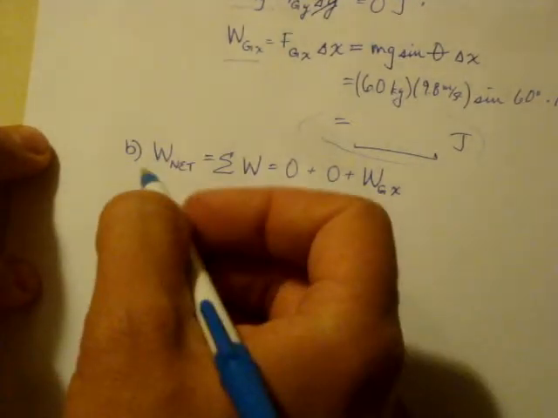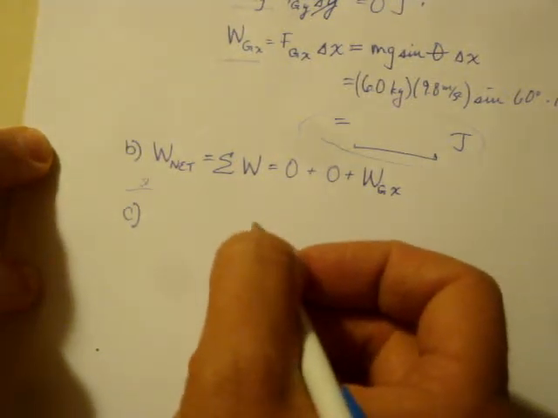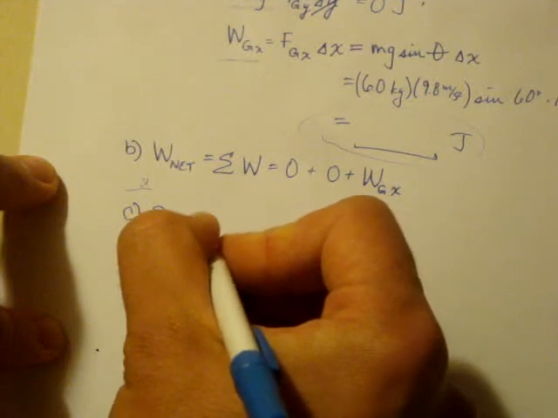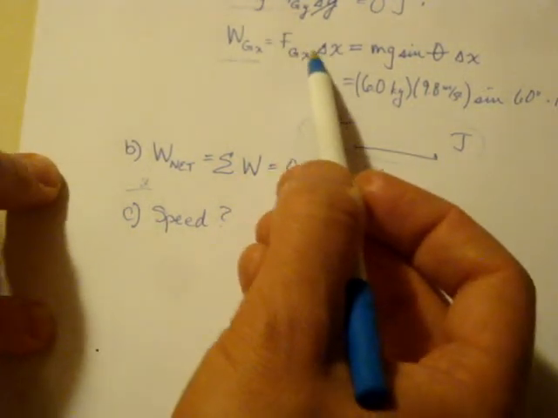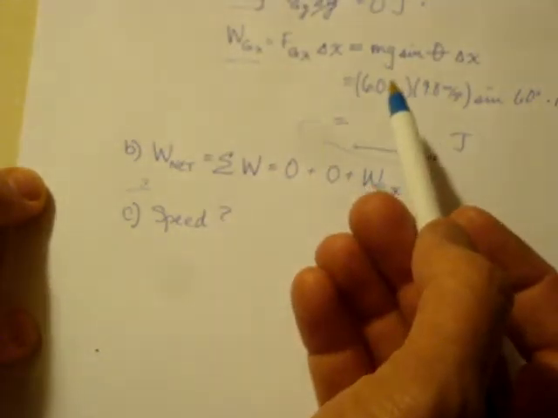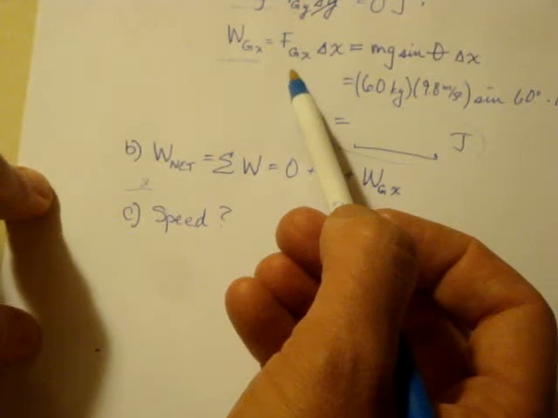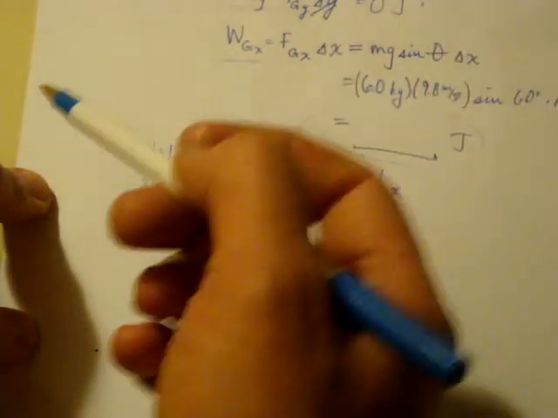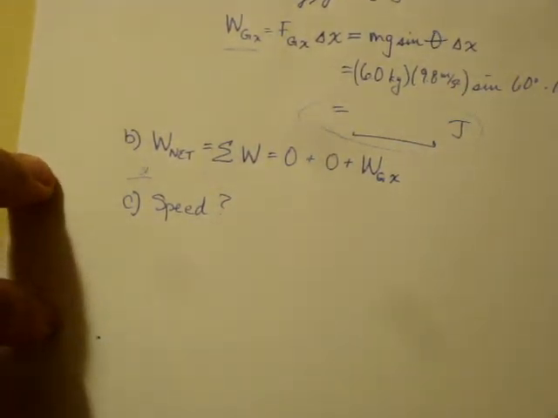So we would just plug in that value, and that's what our total work, or net work, is. In C, it asks us, what is the speed of the block after it has slid down? So we could do a bunch of things here. We could write down Newton's second law and do this like we had done previously, figure out what the acceleration is, then figure the distance over which it accelerated and get the velocity from that, or the speed if we would like.